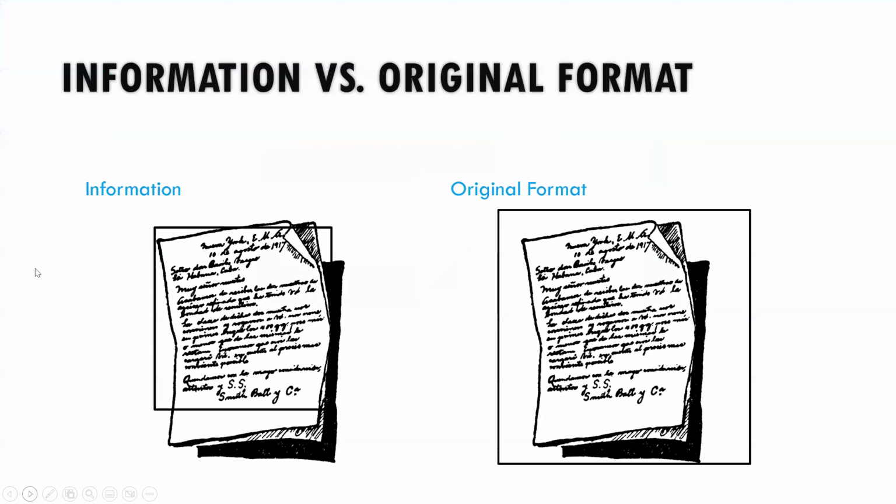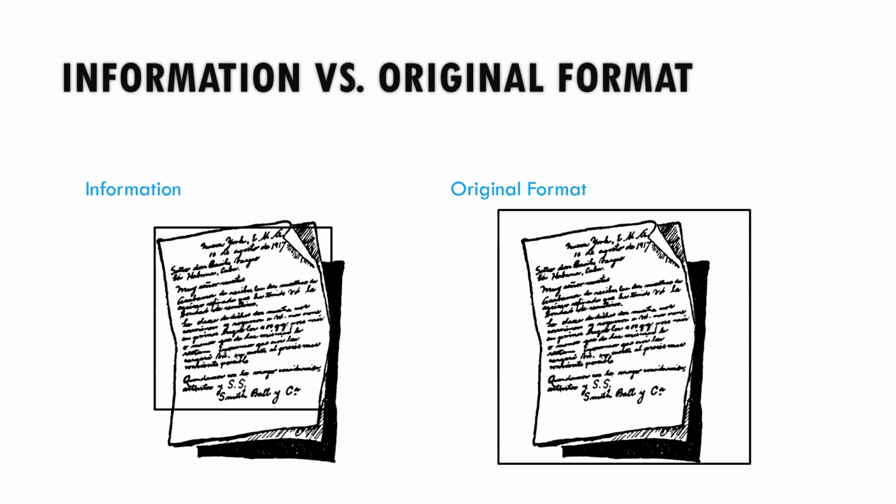And so this really stems back to our discussion last week about if you're just interested in preserving the information of a record or if you're interested in preserving a record in its original format. If you are more interested in preserving records in their original format, then that's going to impact which preservation strategy you address.